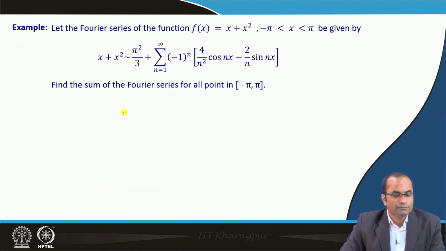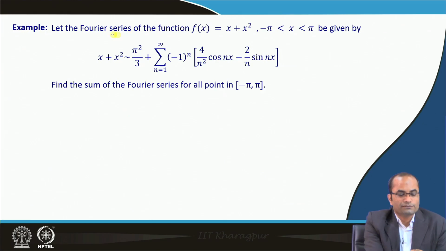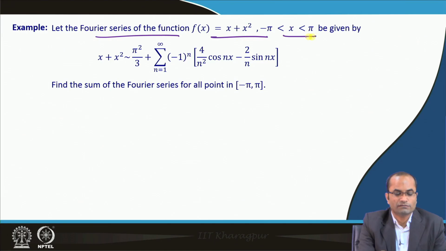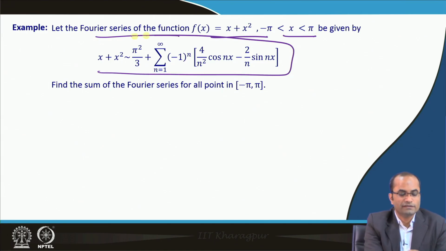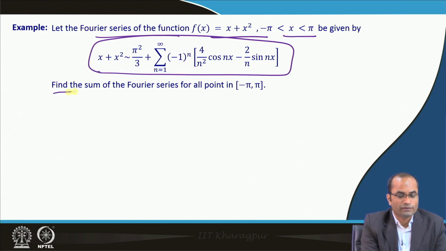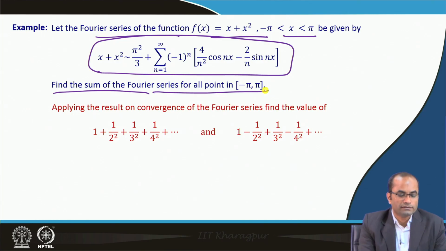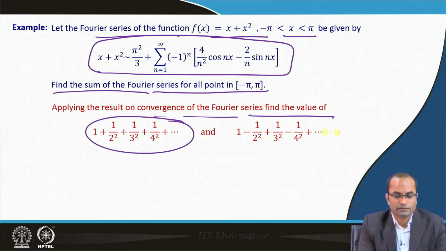Well, the last example we will discuss is the Fourier series of the function x square plus x in this interval, where the Fourier series is already given here. We want to find the sum of the Fourier series for all points in this interval, and then, applying the result on convergence, we want to find the sum of these series here.